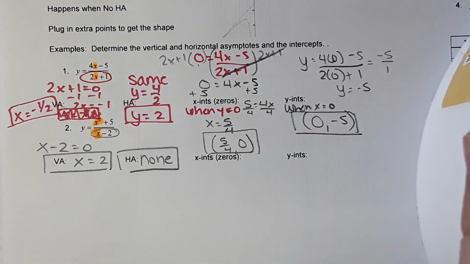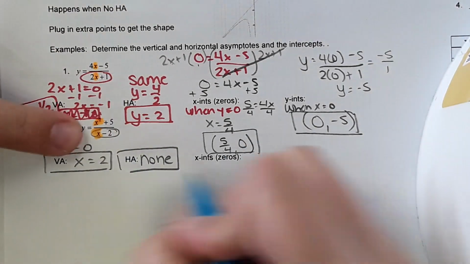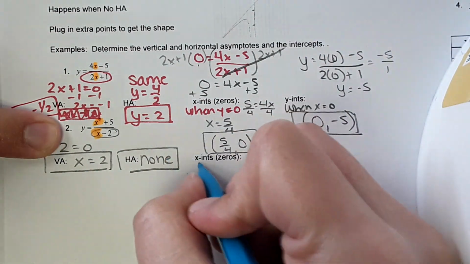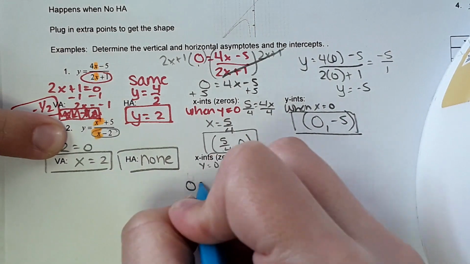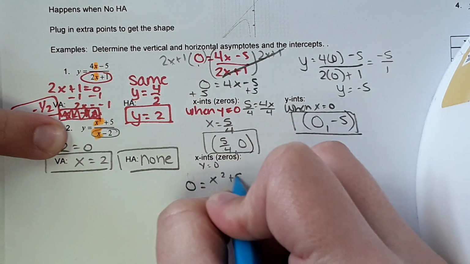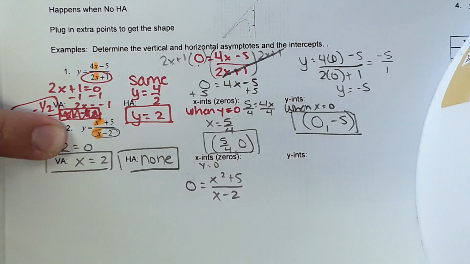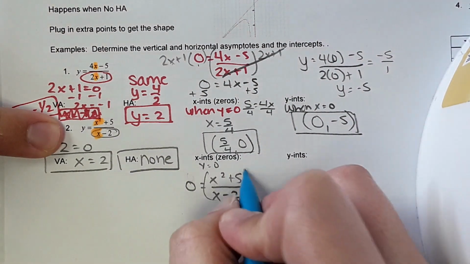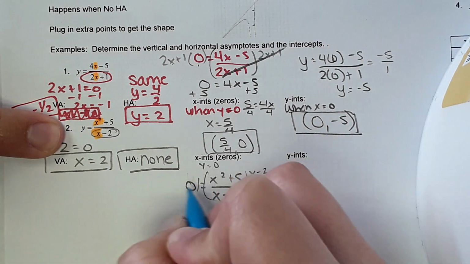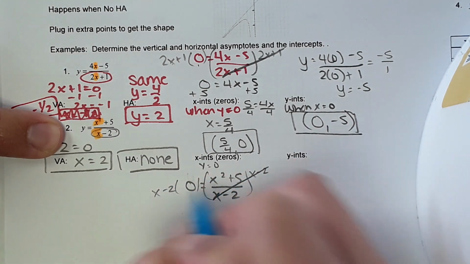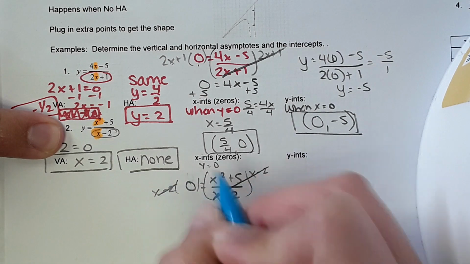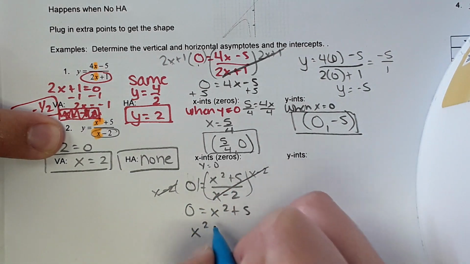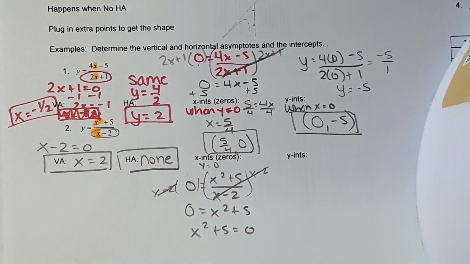Then the x-intercept, so when y equals 0, we'll plug in 0 for y. I'm going to show this step, but honestly, once you get the hang of it, you don't need to write all this out. Okay, this cancels. This is just 0. So 0 equals x squared plus 5, or x squared plus 5 equals 0.